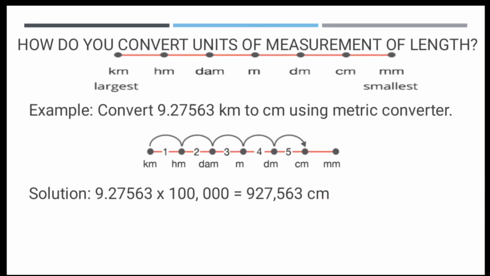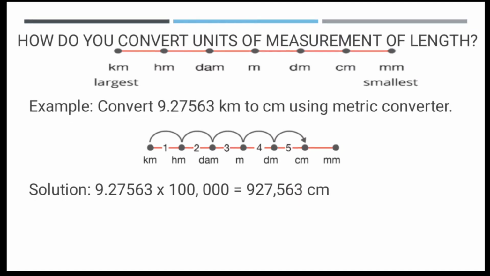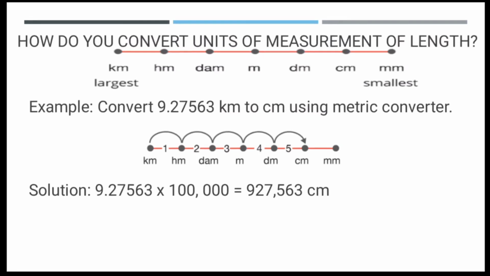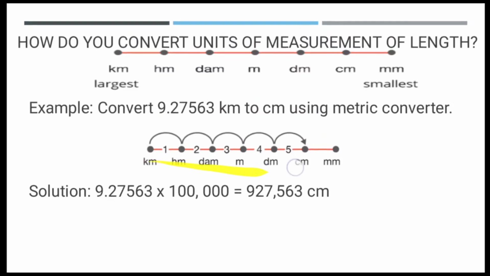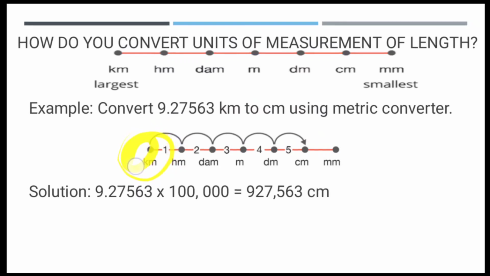Like for example, let us convert 9.27563 kilometer to centimeter using metric converter. So, from kilometer to centimeter, let's count the number of movements. As you can see, we have 5 movements from left to right.